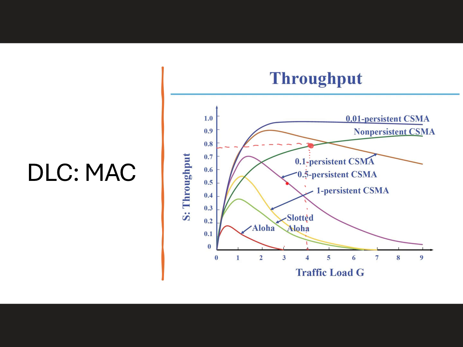So if I'm a designer and I have an offered load to my system, which is 4, a normalized offered load, will I choose this one, the 0.5, or will I choose this one, the non-persistent sigma? Clearly, the throughput here for this one is lower than the throughput here. And I always need my system to have better throughput, right? So I will select this one definitely, not this one, because the throughput here is higher than the throughput here, right? And you have to give numbers and then justify why you selected this or that.